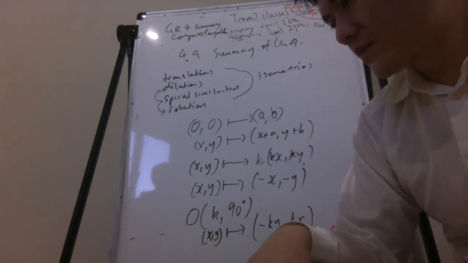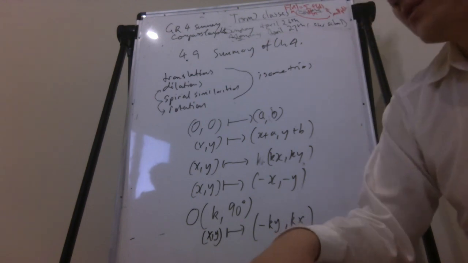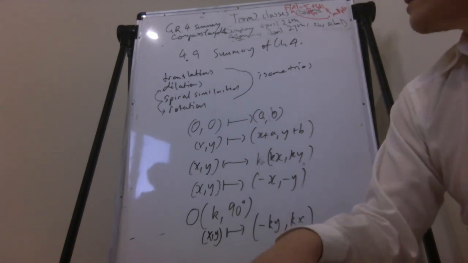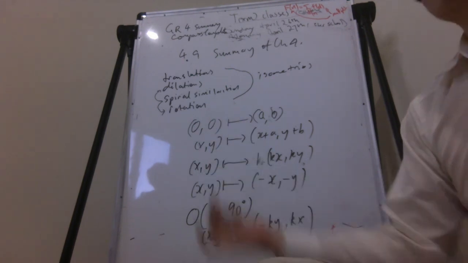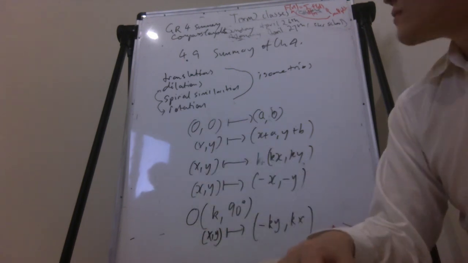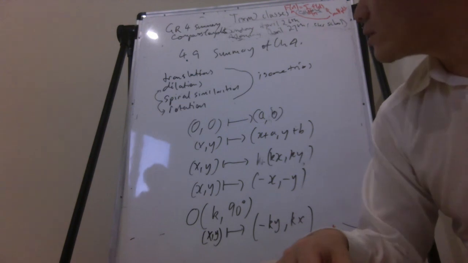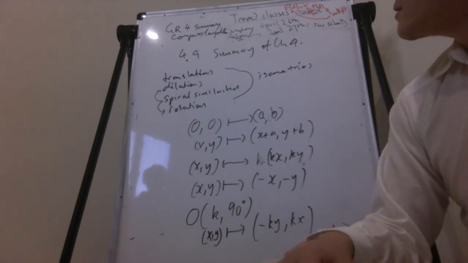So that's the end of chapter 4. And chapter 5 is inversion. An inversion is a transformation, so it's good to have an idea of what a transformation is. Let me just end that there.